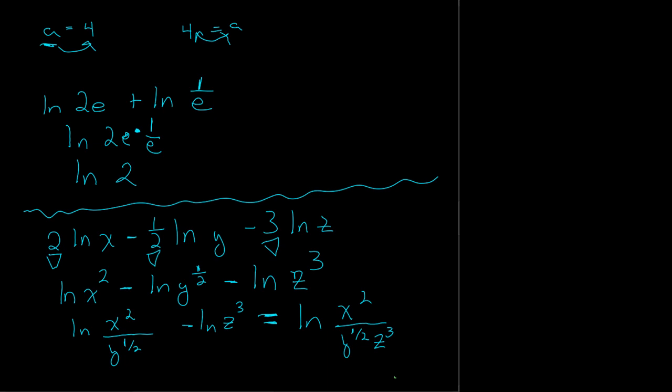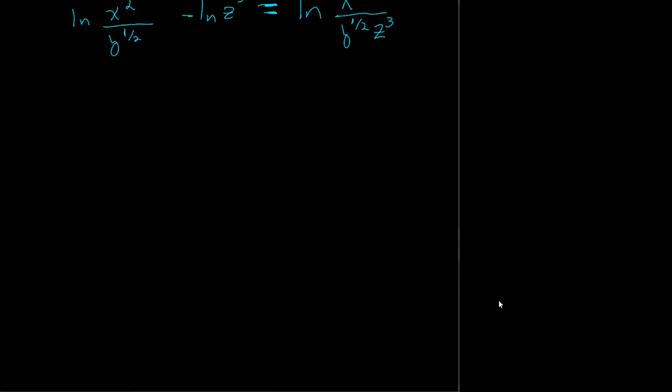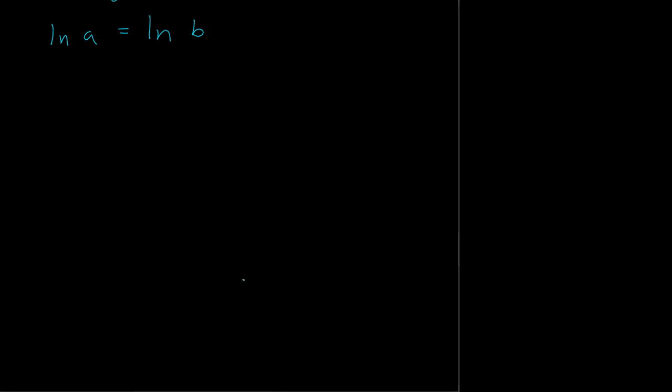And I've kind of pointed out some of the better uses of this, right? If I have the natural log of something equals the natural log of something else, then I know A equals B. If I have the exponent of something equals the exponent of something else, I know that those two things are equal to each other.